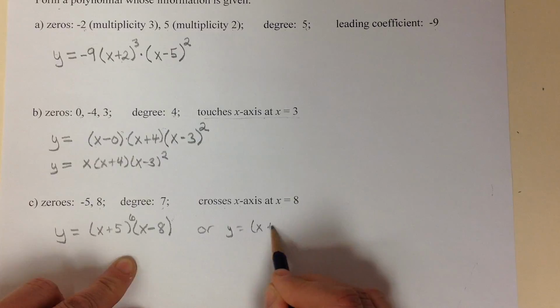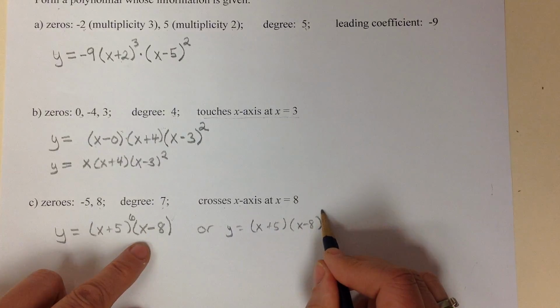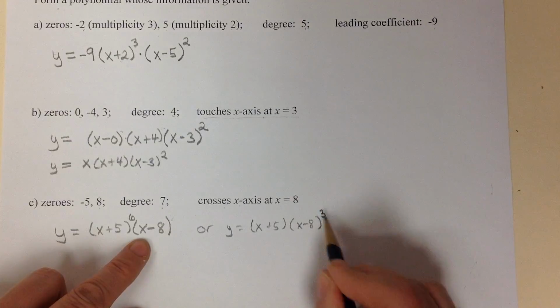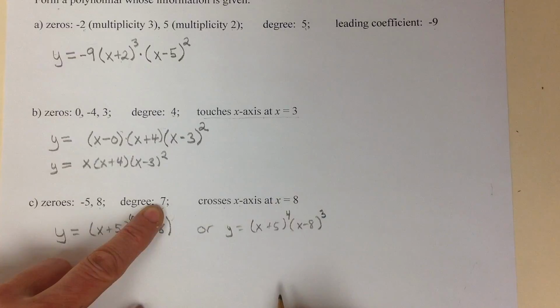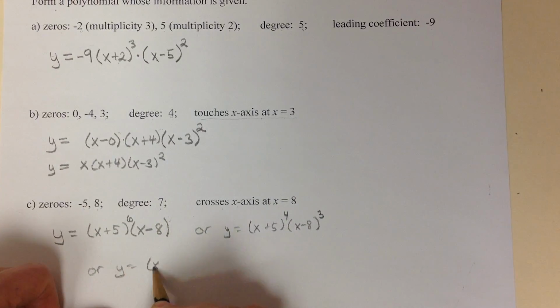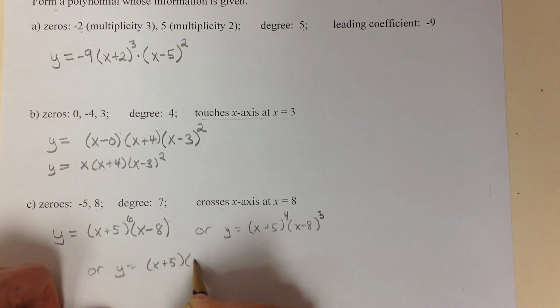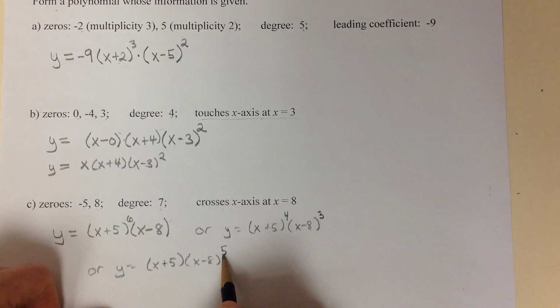I could do my odd power here as 3, and then for a total degree of 7, that would make this one 4. Or I could make my odd power 5, and that would leave me a total of 2 to get a degree of 7 for the entire thing.